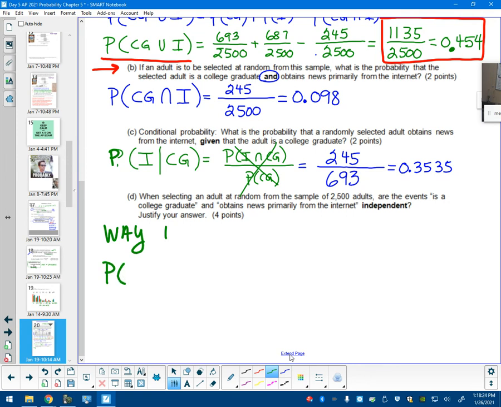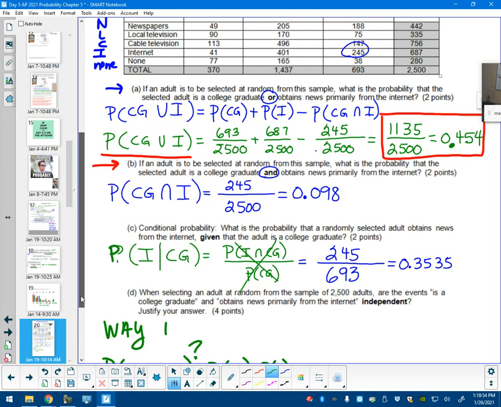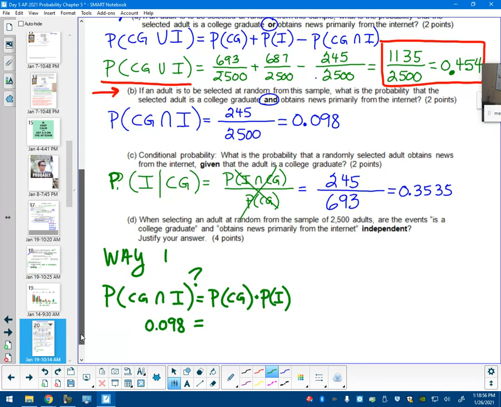Is the probability of college graduate and internet news person equal to the probability of college graduate times the probability of internet? I'm kind of like sitting here thinking, is this true? Well, I can look up above and see that this is equal to 0.098, and I want to know if it equals the other side. Well, I don't have any of those calculated out, and even if I did, you should use the original fraction.